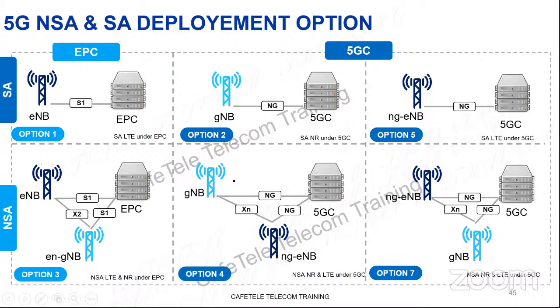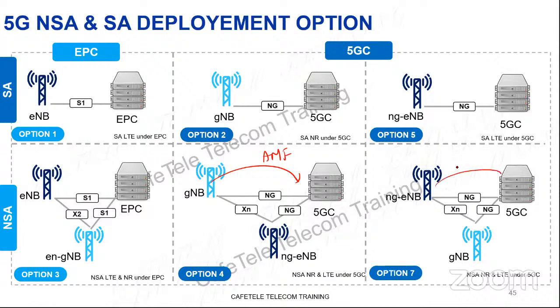See, now I'll tell you the easy way. This one is the master node. Why? Because NG means the core network is connected to this one. Core network is connected to this one, and the core network is connected to this one. But here also the core network is connected to this one. But here they are connected to AMF.